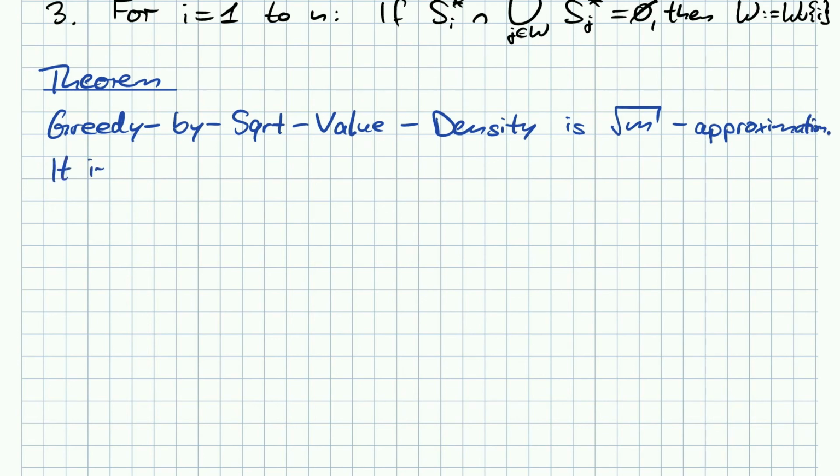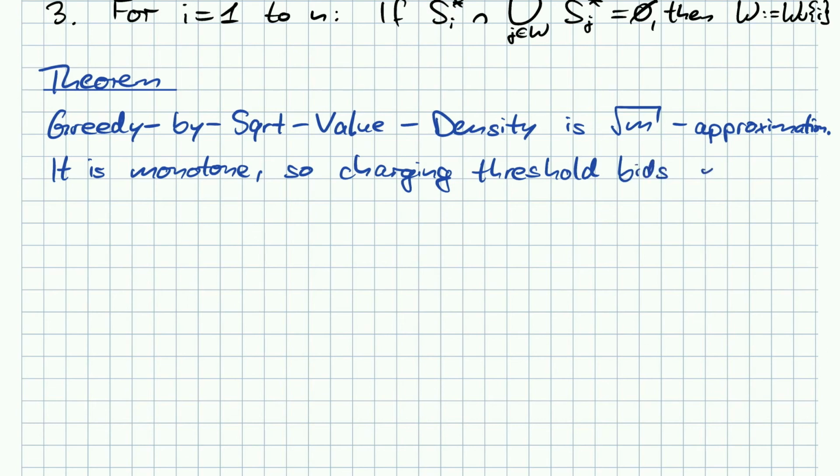Moreover, it is monotone, so charging threshold bids makes it a truthful mechanism. Good.